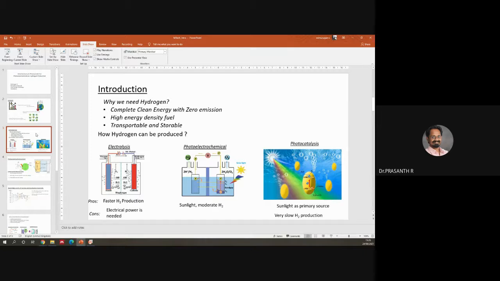So now, what kind of electrode? What conditions need to be satisfied by the electrode? These are all known to us.